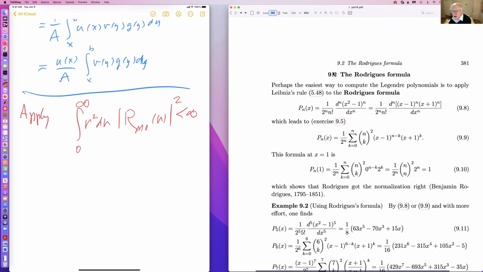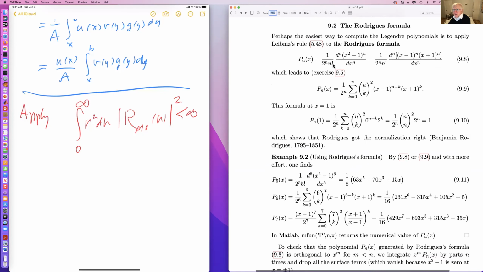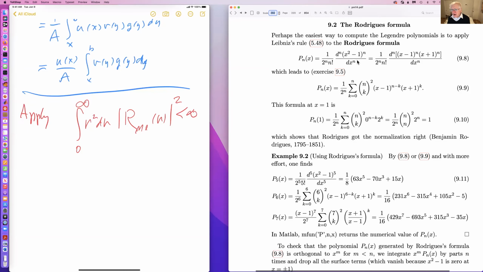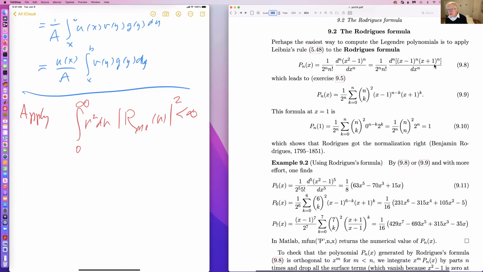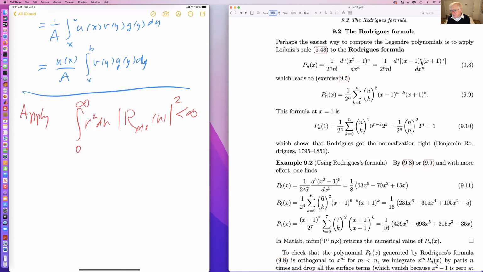Anyway, Rodrigues, I wish I had studied Spanish and knew enough to know how to pronounce that guy's name. But anyway, he developed a very nice formula for the Legendre polynomials: a normalization factor, then the nth derivative of a polynomial of degree 2n. And this polynomial has the nice feature that it can be factorized in this way.